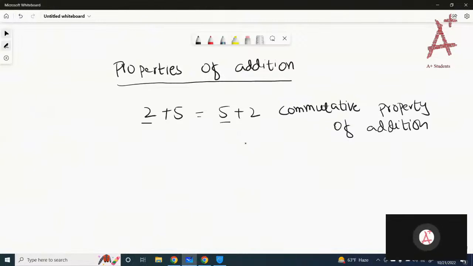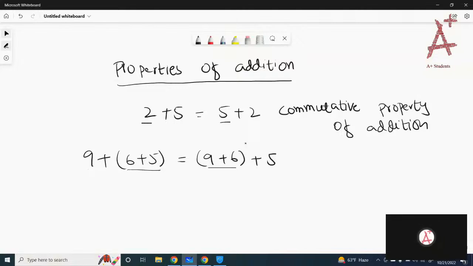Okay, the next one is: which equation shows the associative property? You are given 9 plus 6 plus 5 on both sides. Whenever three numbers are involved, both sides have exactly the same numbers, just the order of adding them is different. Here you add 6 plus 5 first and then add 9, but there you add 9 plus 6 first and then add 5.